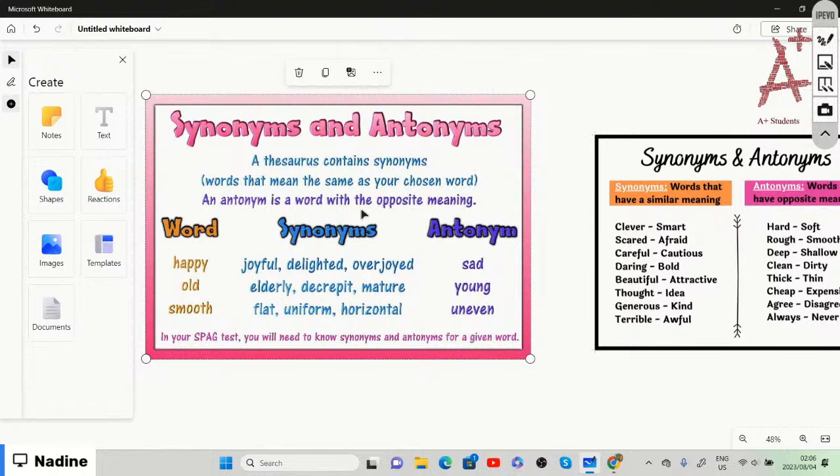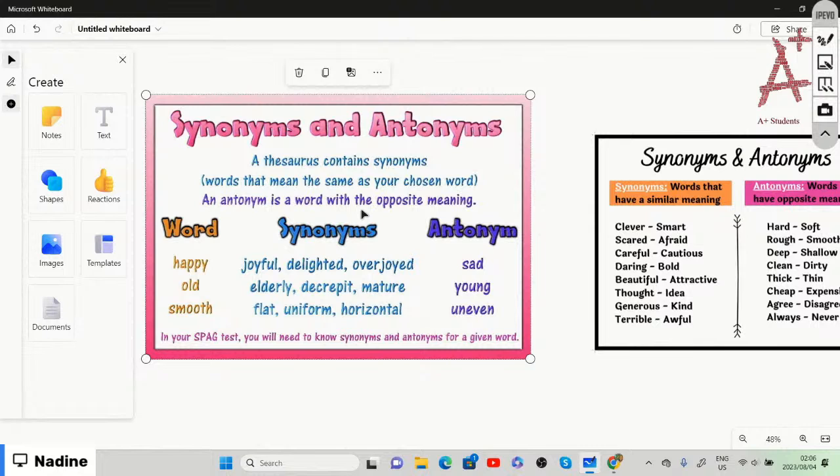The dictionary will also give you words similar in meaning. However, it won't give you as many words as a thesaurus would. So a thesaurus contains synonyms, words that mean the same as your chosen word.